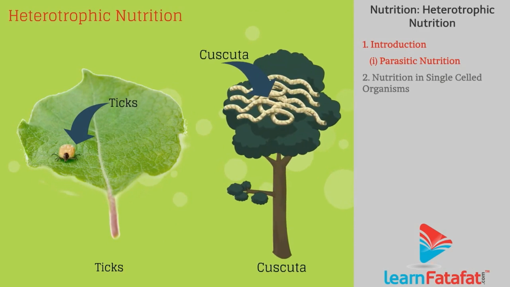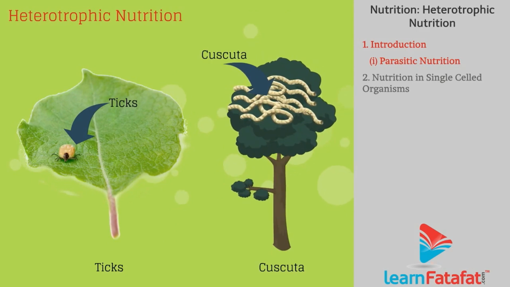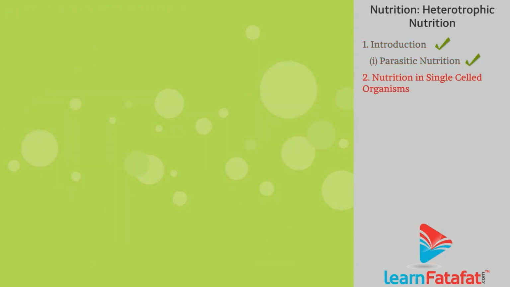Some organisms like ticks, cuscuta, and tapeworms derive food from other organisms without killing them, called parasitic nutrition.